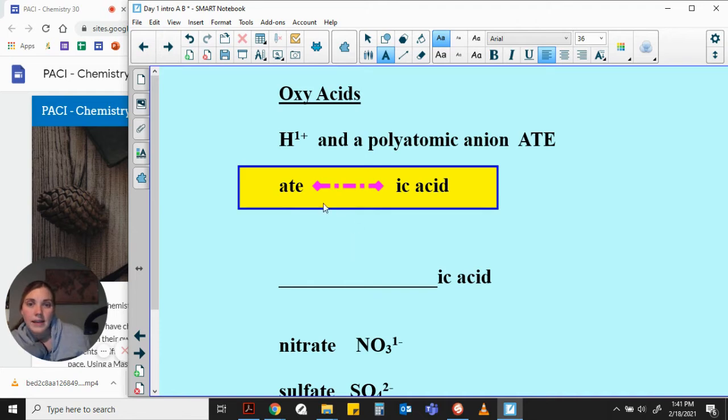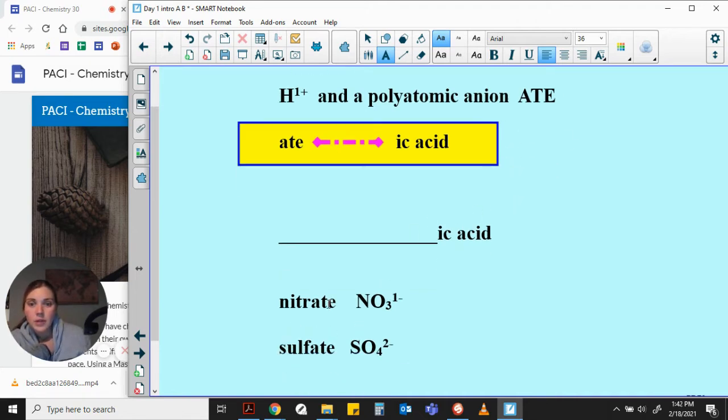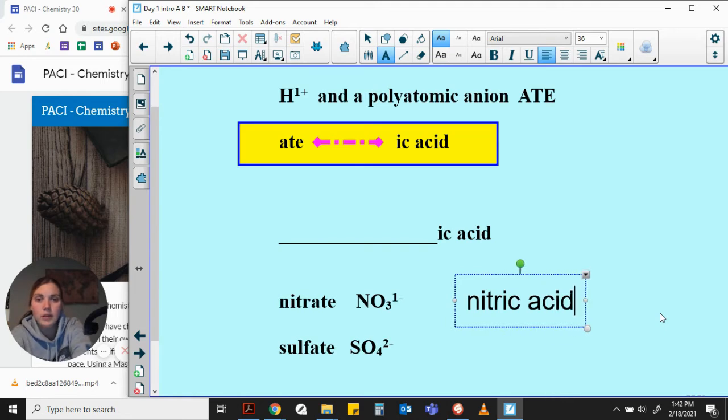Okay, so our oxy acids, if we have an ate, so again, it's coming from your pink sheet. If you've got a nitrate ion or a sulfate ion, this would become nitric acid. You're getting rid of this ate, and it's becoming ic, so that it can become nitric acid.